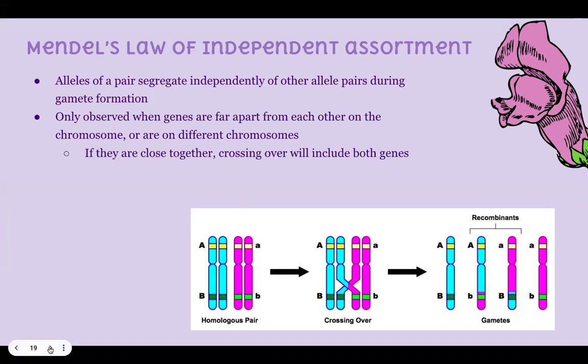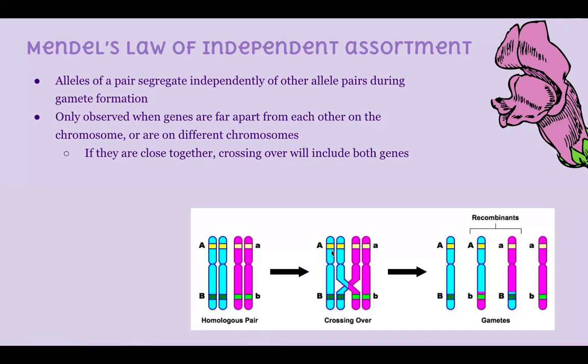And the reason we need to keep this in mind is because if they happen to be close together, they might actually be inherited together during crossing over. So remember this process from meiosis where they just kind of swap some genetic information. If two genes are close together, then it's decently likely that they will be crossed over together as well.